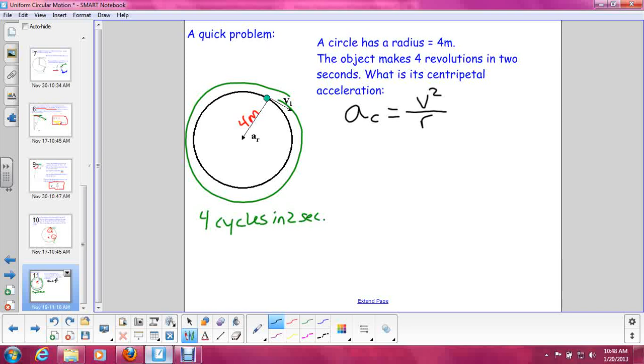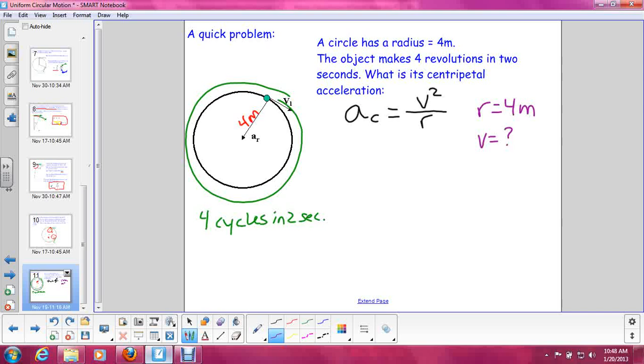So we already have one of these things. We already know the radius of this circle, right? The radius is equal to 4 meters. But we do not know right now the velocity of this object. V equals question mark.